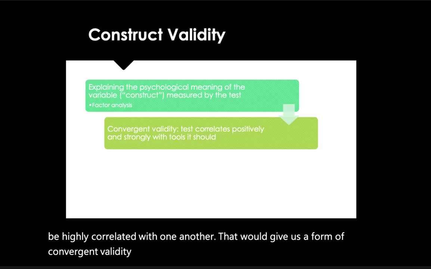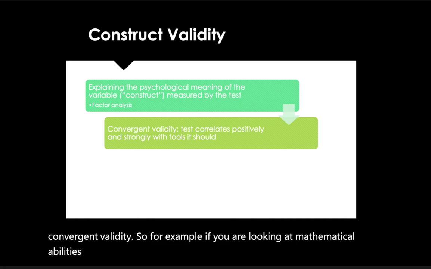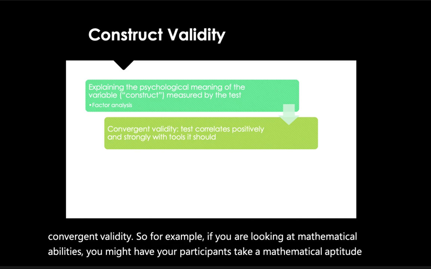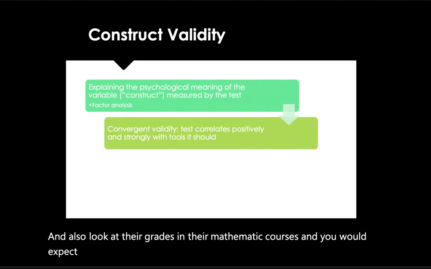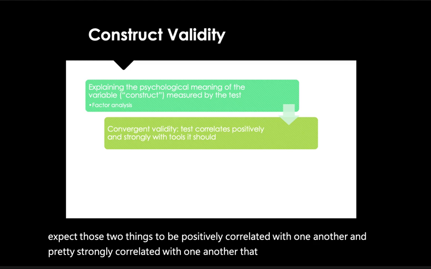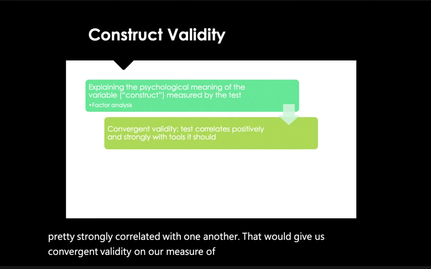For example, if you are looking at mathematical abilities, you might have your participants take a mathematical aptitude test and also look at their grades in their mathematics courses. You would expect those two things to be positively and pretty strongly correlated with one another. That would give us convergent validity on our measure of mathematical aptitude.